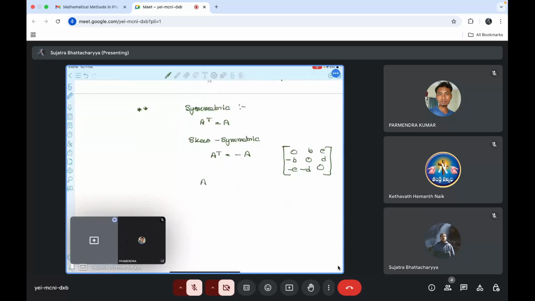And we can write any matrix A as the sum of a symmetric and a skew symmetric matrix. Okay. So yeah, that's all. This is the last.